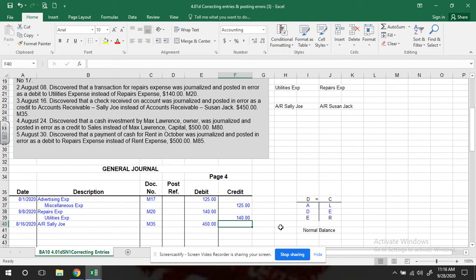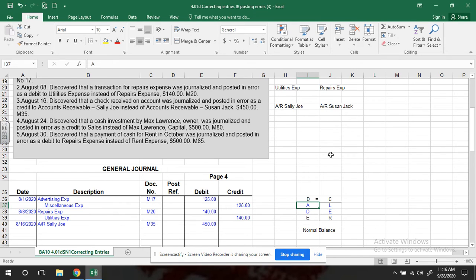Now, accounts receivables are assets. It is, you own it, and it has value, and this is a promissory note from somebody that they're going to pay you back. Now, in this case, Susan Jack paid us back the $450, and that has to be a credit to offset the asset of the accounts receivable. The accounts receivable itself is an asset, but she's paying towards it.